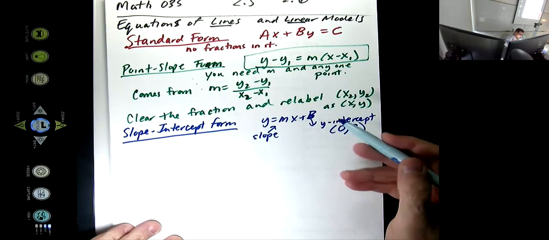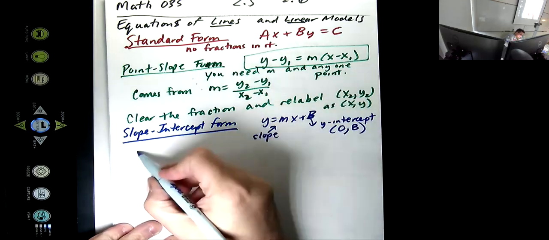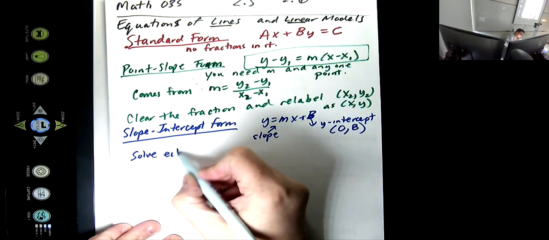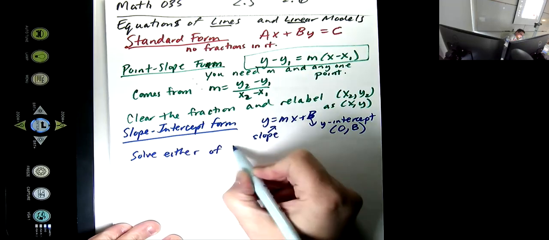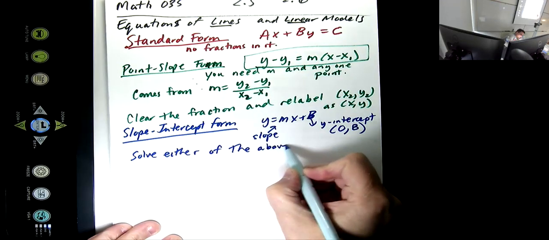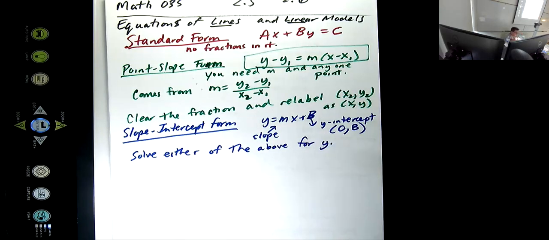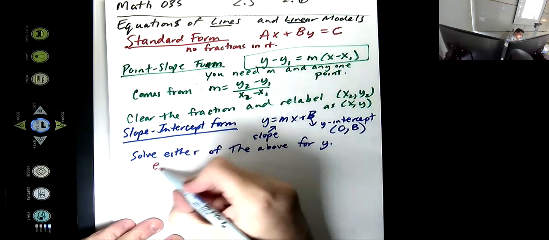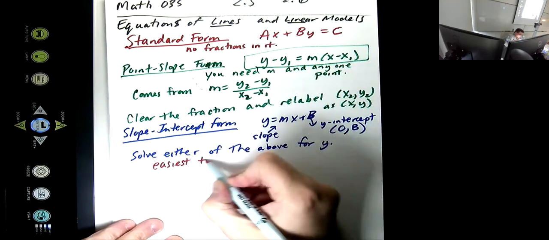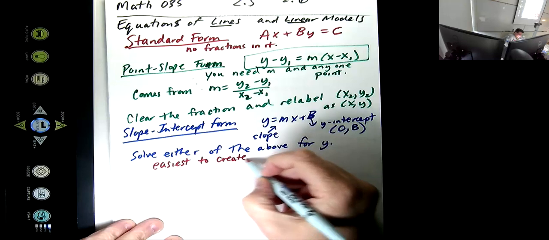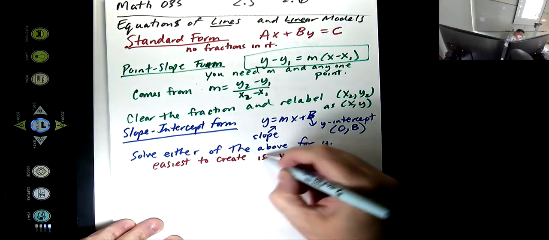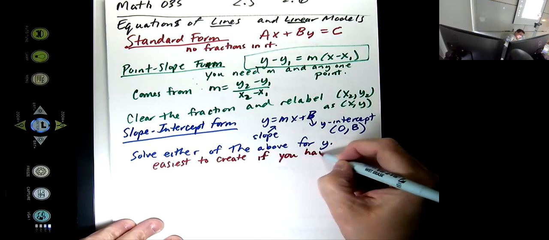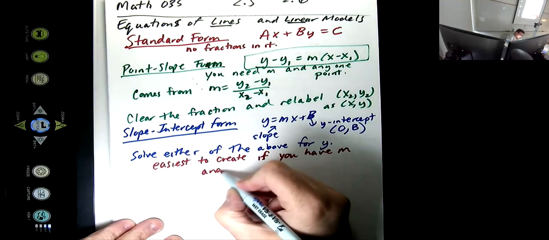And this is just solving either of the above for y. It's really easy to come up with, but you have to have, well, you don't need to have the equation. This is easiest to work with, to create, I should say, if you have m and the y-intercept.